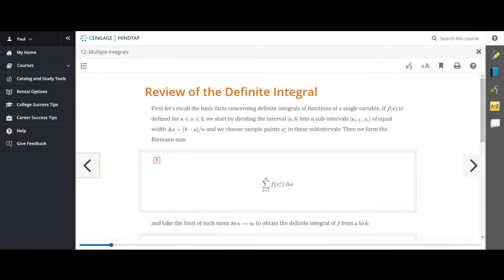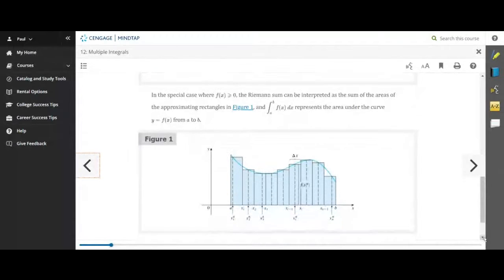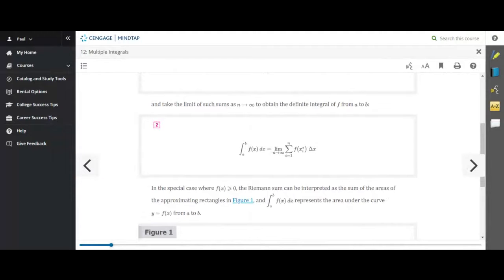That Riemann sum was used to approximate the area between a function and the x-axis. And if we take that Riemann sum and we let the subintervals get smaller and smaller, we end up with an integral. So this is calculus 1, calculus 2.